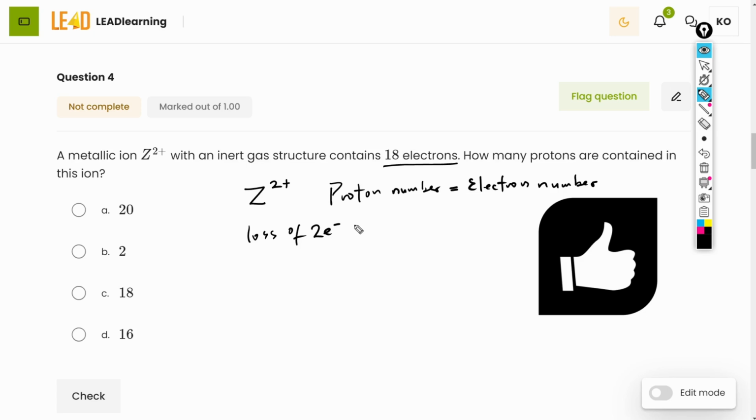So the number of protons in this particular ion still remain 20, while the electrons now, because it has lost 2 electrons, become 18. 20 minus 18 gives us an extra of 2 protons. So its proton number remains 20. So our answer in this case is the option A.